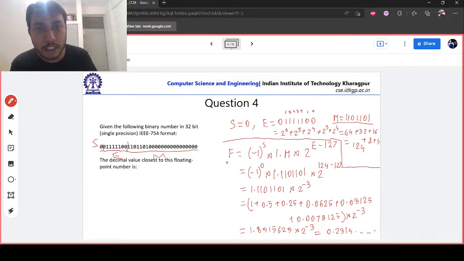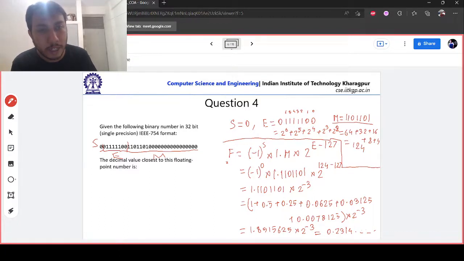This is the conversion which we have studied in the earlier classes. So it is 2 to the power of 6 plus 2 to the power of 5 plus 2 to the power of 4 plus 2 to the power of 3 plus 2 to the power of 2. That is 64 plus 32 plus 16 plus 8 plus 4.